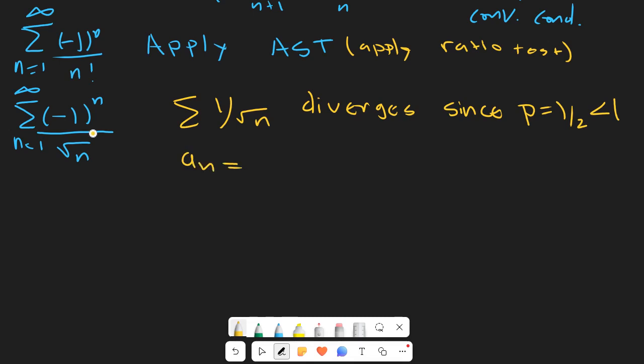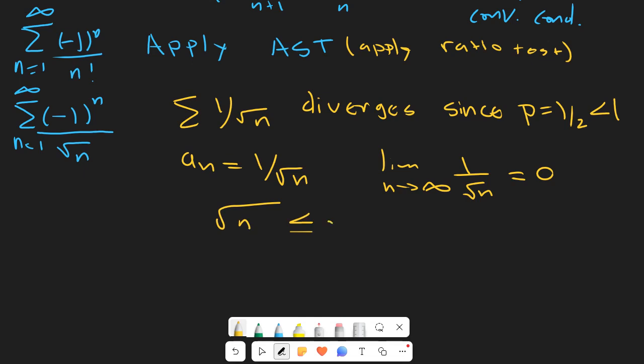So you have an equals 1 over the square root of n, and the limit as n approaches infinity of 1 over the square root of n approaches 0. Now, in any case, I know that the square root of n is definitely less than or equal to the square root of n plus 1. If you rearrange that, that's 1 over the square root of n plus 1, less than or equal to 1 over the square root of n, which in fact, this checks out.